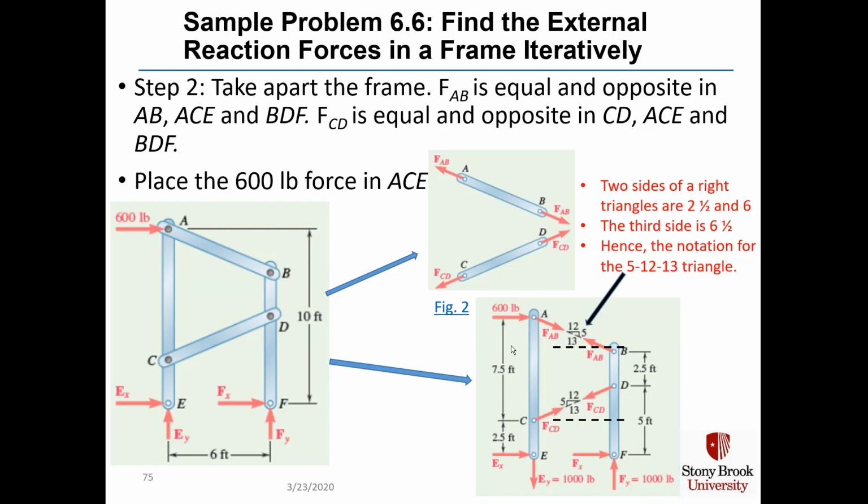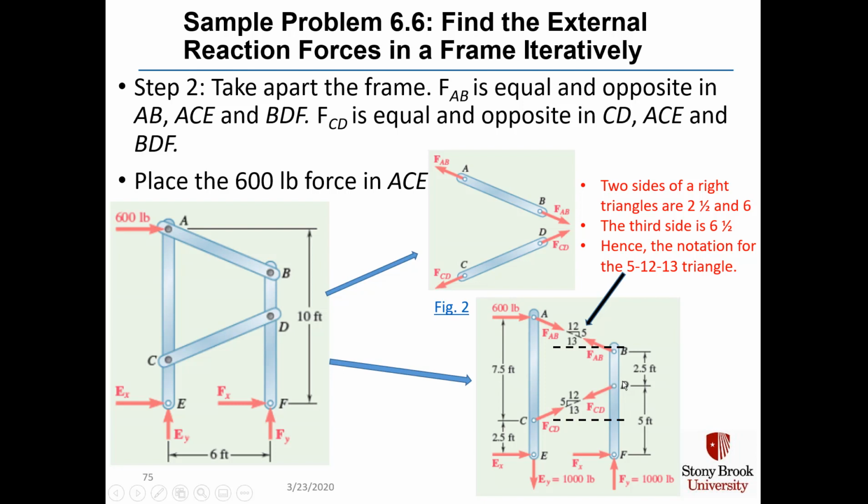And we take a look at the geometry and we see that connecting points A and B, we can make a right triangle where the actual dimensions are 2.5, 6, and 6.5. But we've got this notation here for a 5, 12, 13 triangle that we can use instead of having to figure out all the angles and use sines and cosines. And we'll use the 5, 12, 13 notation instead.